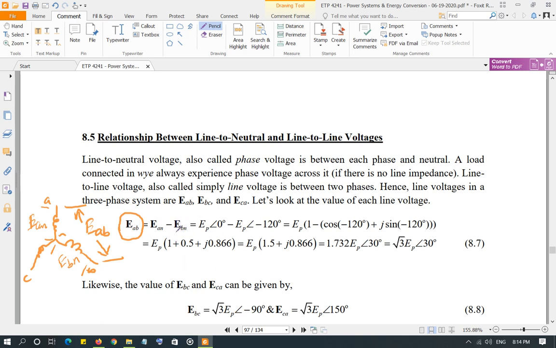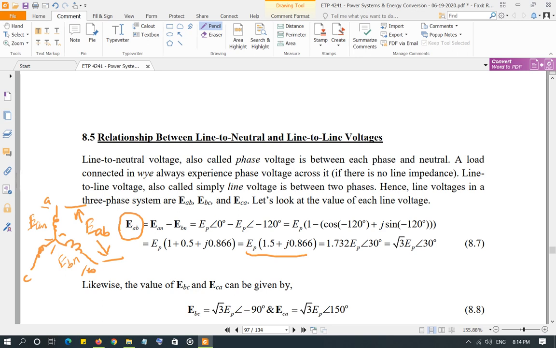Now you know that EAN is the peak value of voltage, that's the magnitude, and the angle is 0 degrees. EBN, the magnitude is the peak value, E peak we are calling it, and the phase is negative 120 degrees. Again, you convert this into rectangular form, and then you solve it, and you're going to get this result right here.